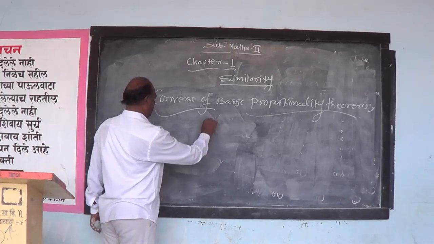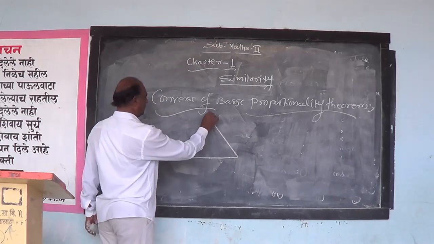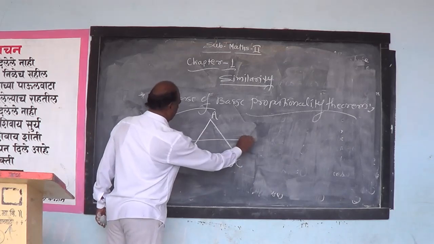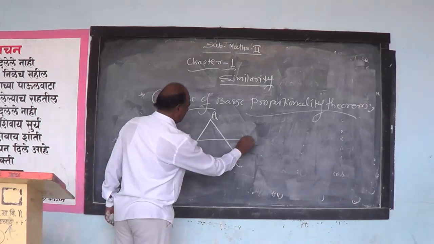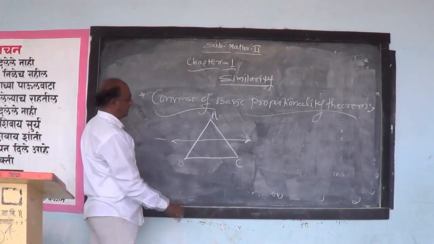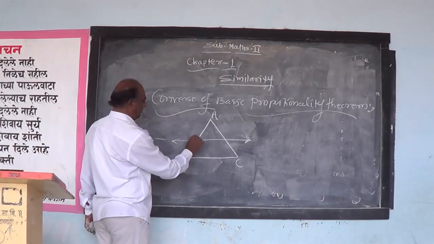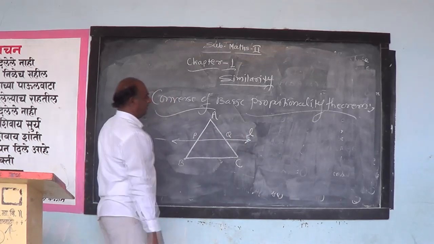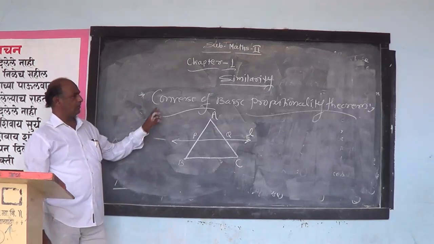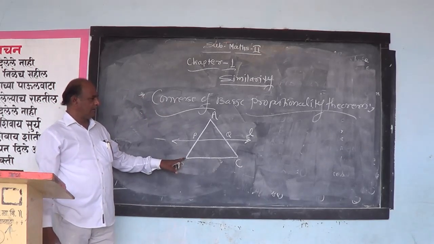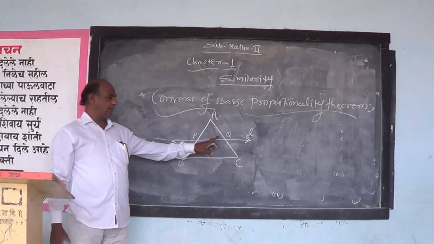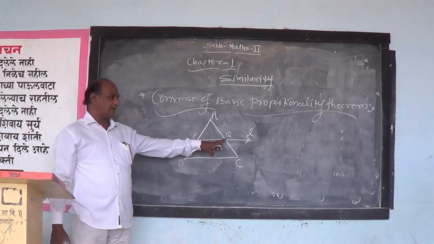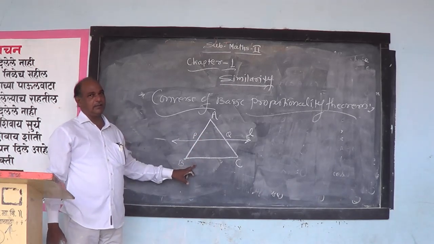Meaning, in this figure, suppose we are given triangle ABC and line L divides side AB and side AC, or intersects sides AB and AC, in points P and Q. And this is the converse of BPT: when any line divides two sides of a triangle in the same ratio, then that line is parallel to the third side.